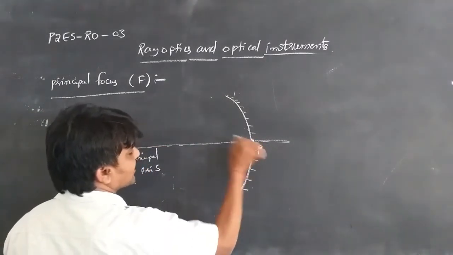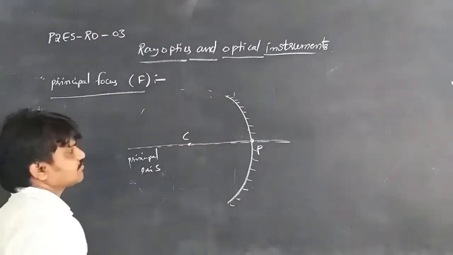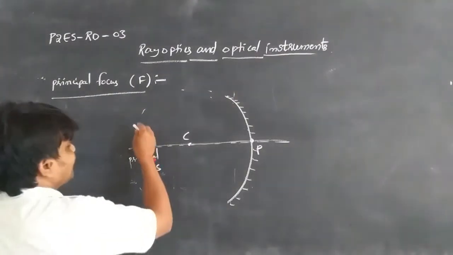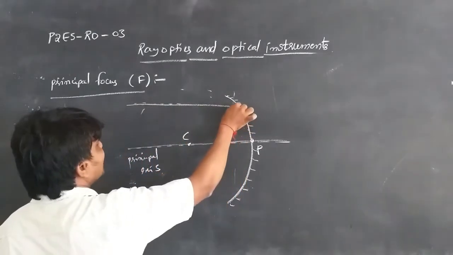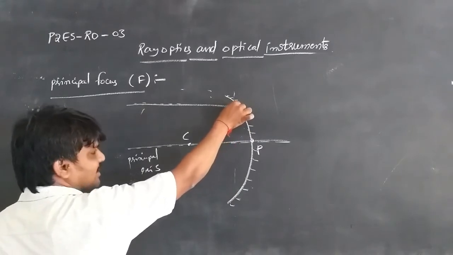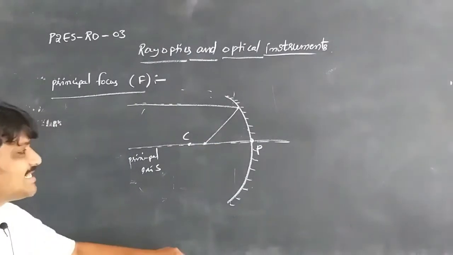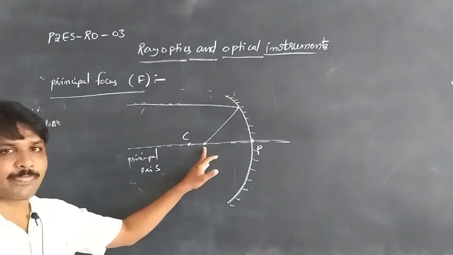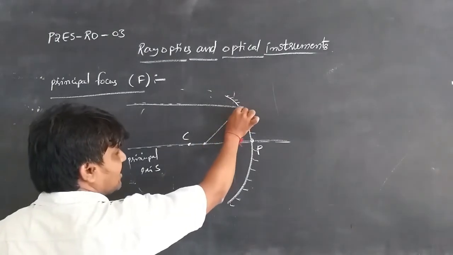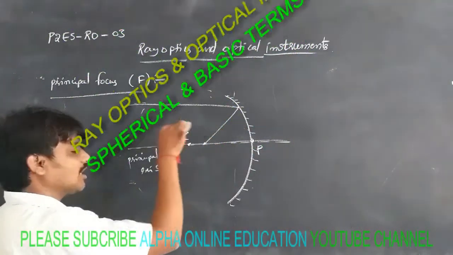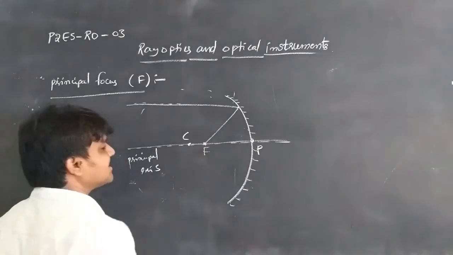This will be the pole P, and this will be the C. When light is incident on the concave mirror, it is reflected internally, and the reflected beam of light meets the principal axis, or appears to meet it. That point is called the principal focus.